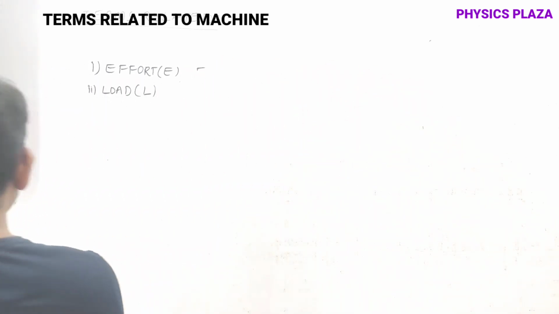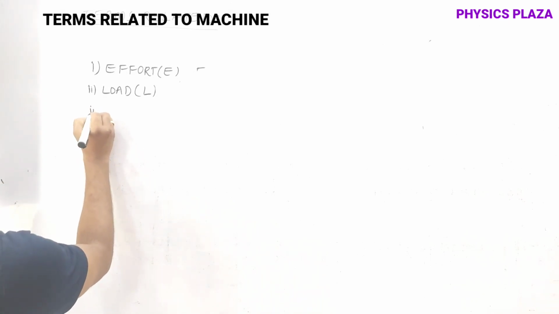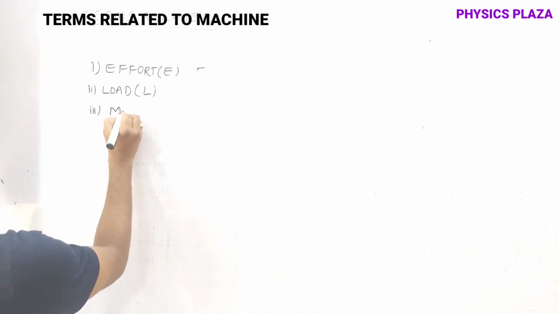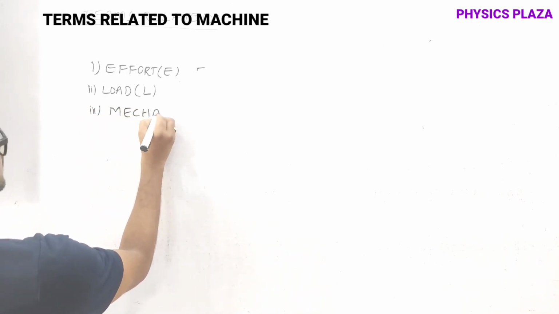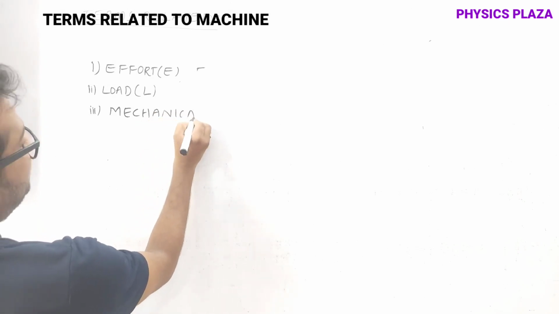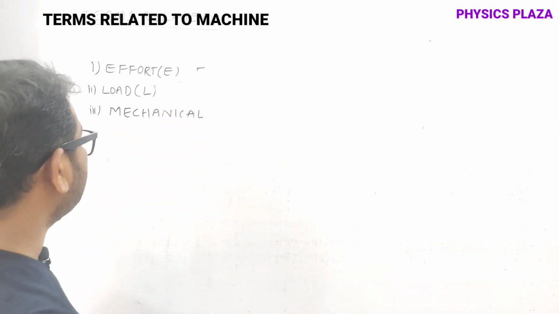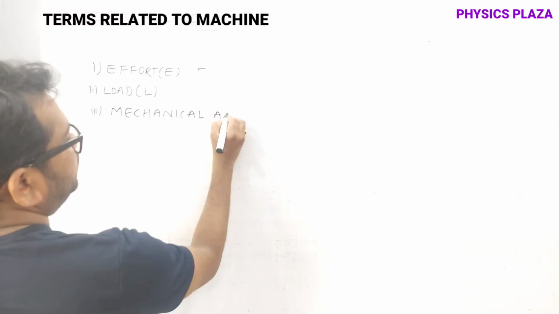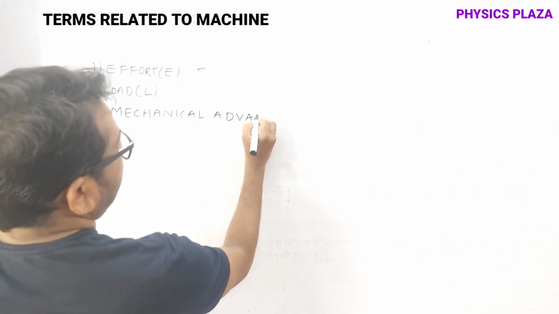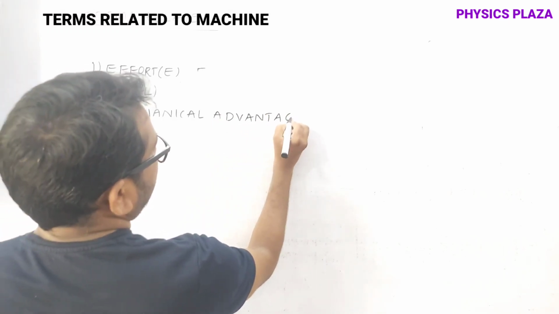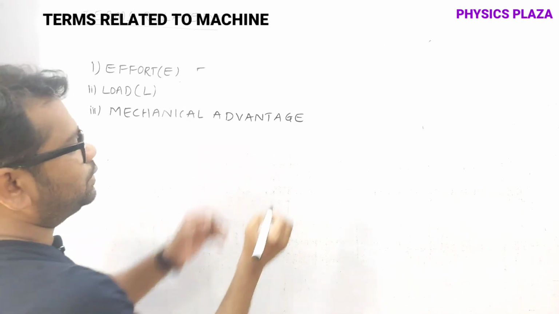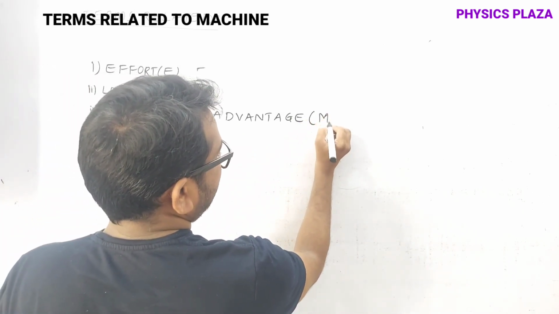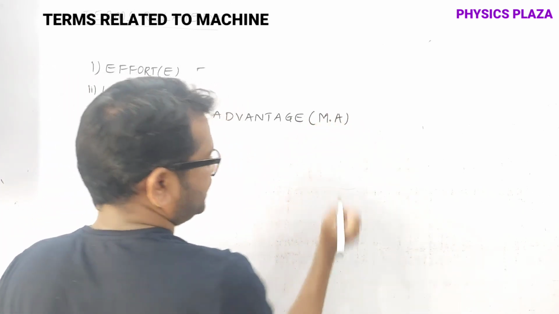Now, one more important term, the third one we will be learning, is mechanical advantage. These terms are very important to understand the concepts of a machine. This seems very lengthy, but the definition is very easy. Here the shortcut MA is accepted.